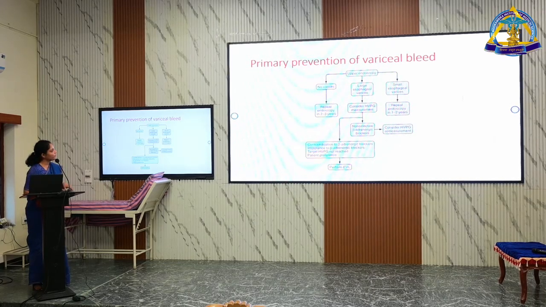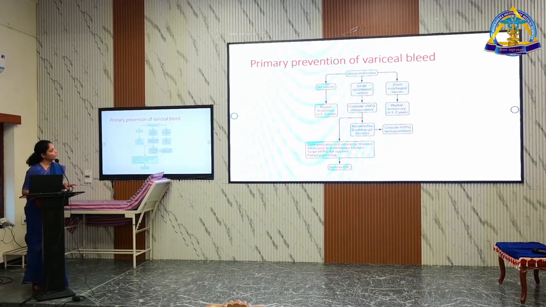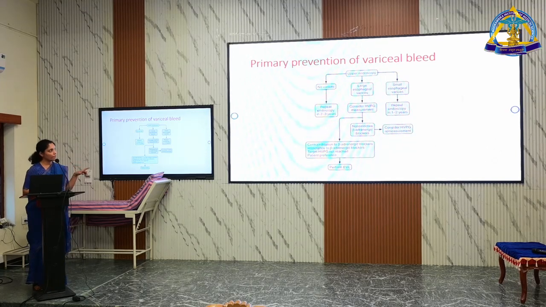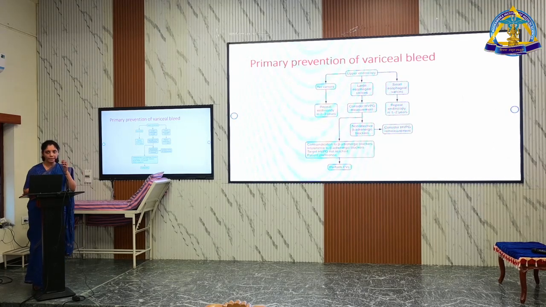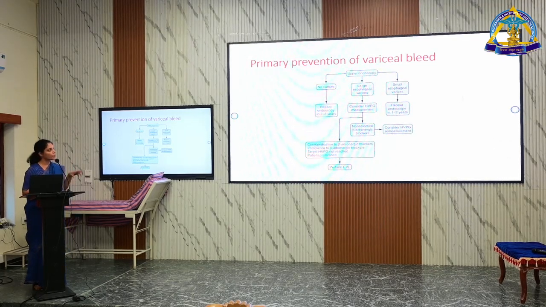So this is the primary prevention. In the upper GI endoscopy, in case you find that there are no varices, you are supposed to repeat the endoscopy at 2 to 3 years. Now the non-invasive predictors, as we saw earlier, are liver stiffness and platelet count. So if the patient really wants to avoid EGD at the early stages of cirrhosis, we can also go for non-invasive methods. Otherwise, mostly it is upper GI endoscopy.